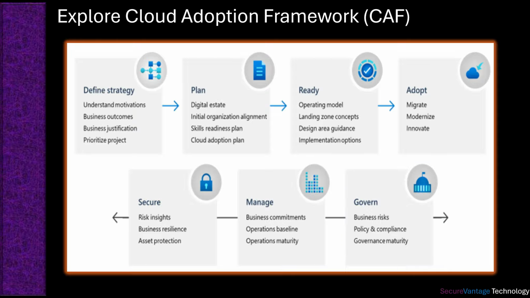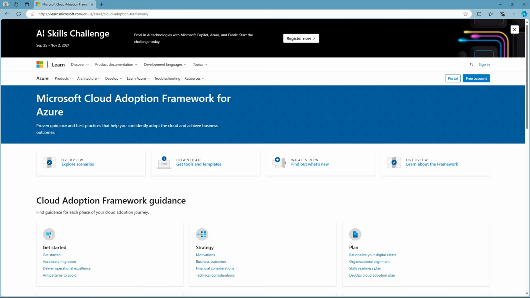Though you as a cybersecurity architect are not directly responsible for all the phases in the cloud adoption journey, you need to know the various phases through which the adoption journey goes and plug in your security approaches and solutions as deemed fit. Now let's get on to Microsoft Learn and just scan through what you can see as part of the documentation provided by Microsoft.